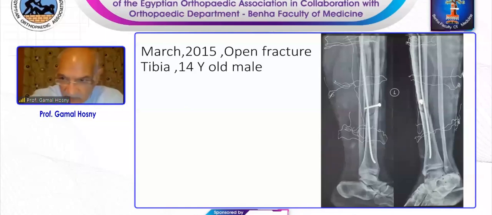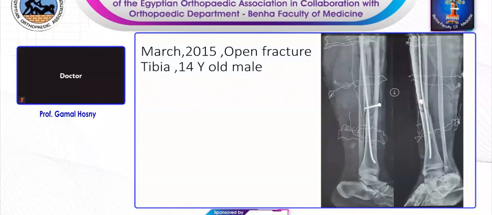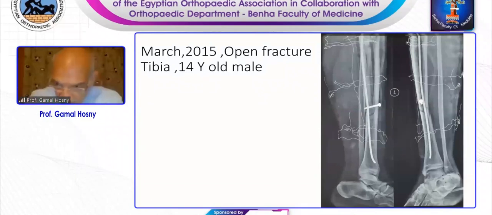6 years ago, or more, 6 years and a few months, the patient had an open fracture, and he was 14 years old. And we don't have the first X-ray, but the patient had been treated by debridement and internal fixation.